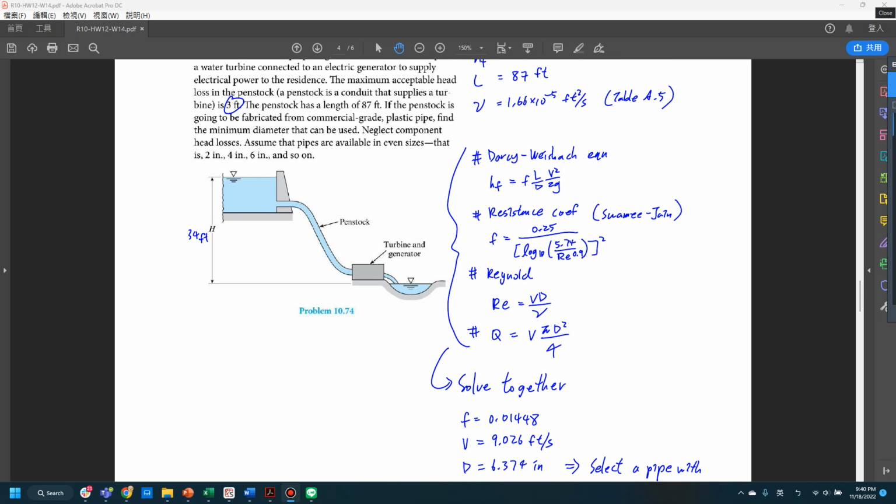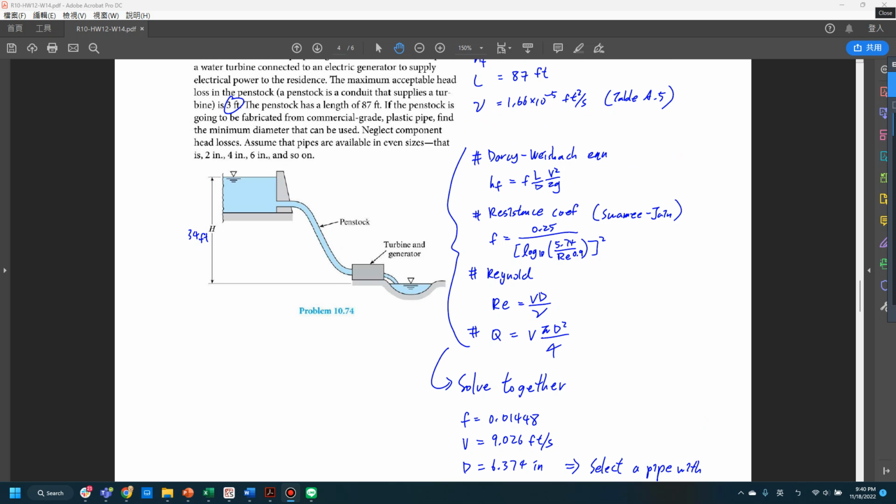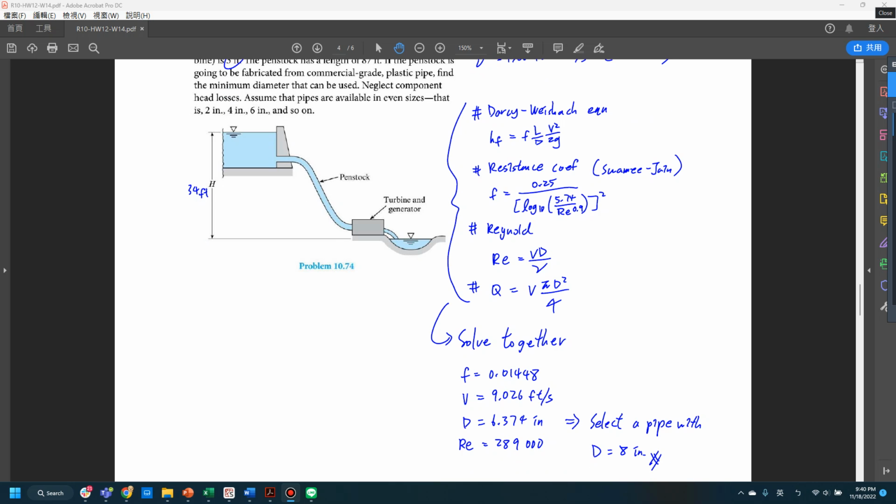Okay, because we have to select from the commercial grade plastic pipeline, we just need to select the one that is larger than the diameter that we solved, and in this case we have to choose the 8-inch pipe.